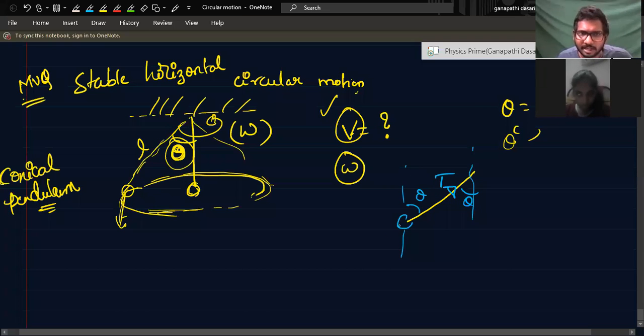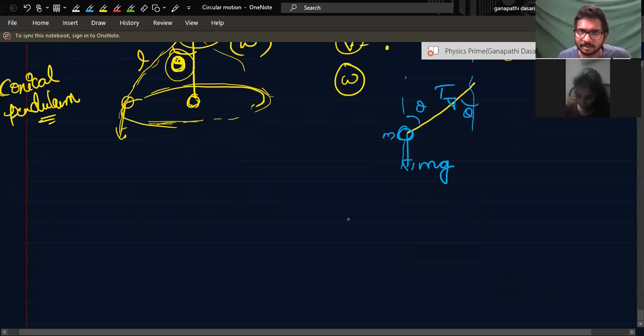If you draw the free body diagram on the mass of the bob m, there will be mg downwards. So T cos theta should be equal to mg.